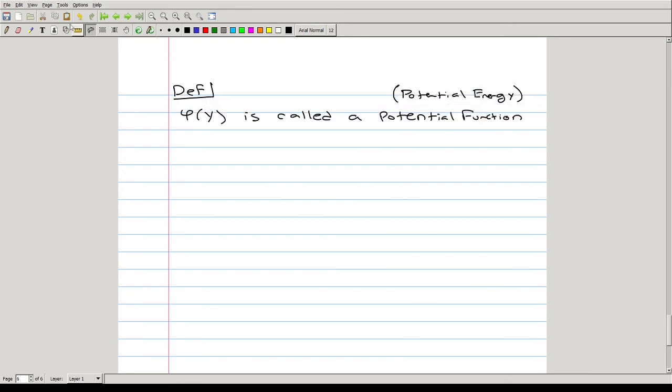Phi of y is called a potential function for the differential equation if f of y can be written as negative phi prime of y. You want to note that this is saying that f is negative the y derivative of phi. Phi is a one variable function of y, and the derivative of it is with respect to y.